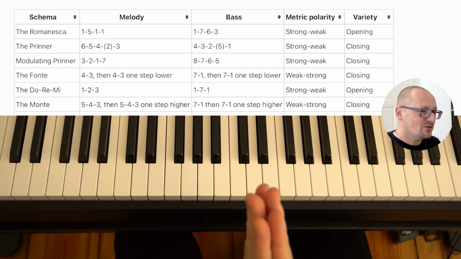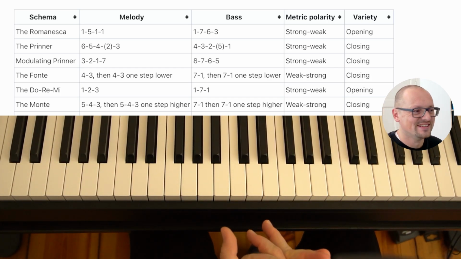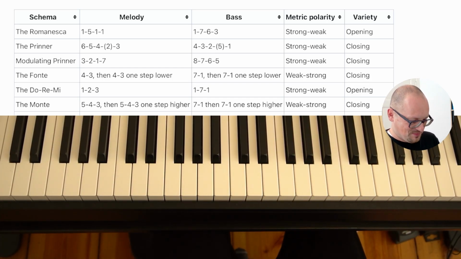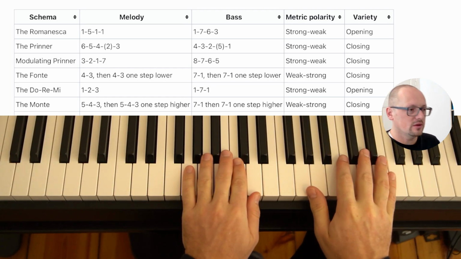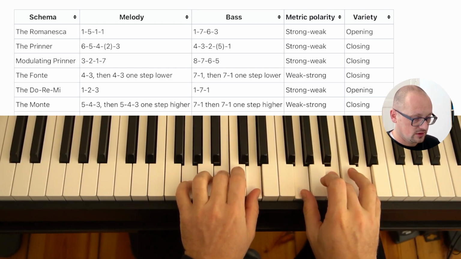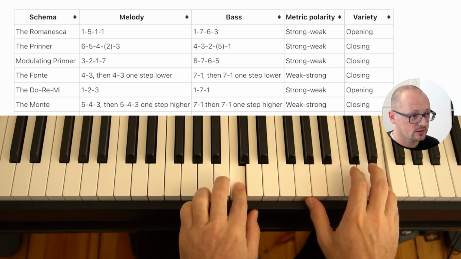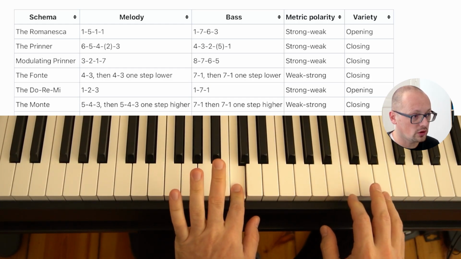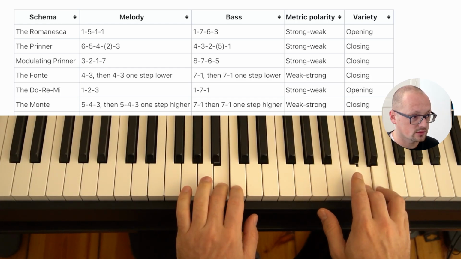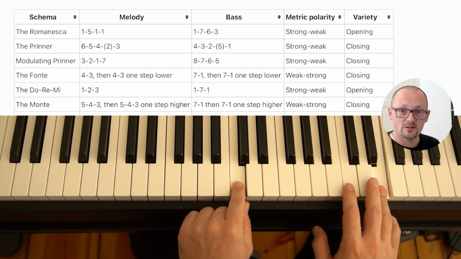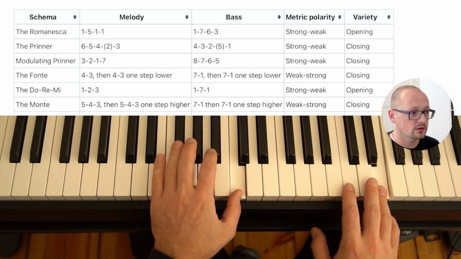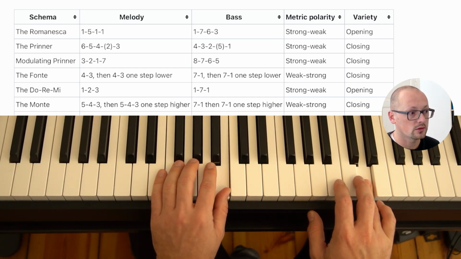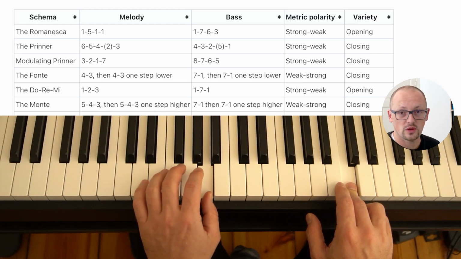And I don't know if you know it, but if we are in G major and we have Prinner, so 4 3 2 1, if you play very short 5-1 down, you have a falling fifth sequence.